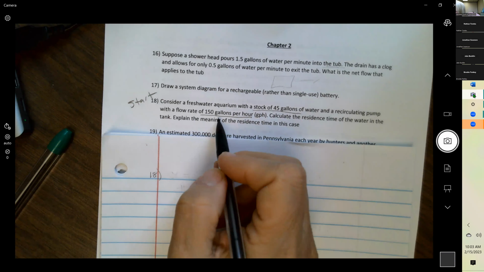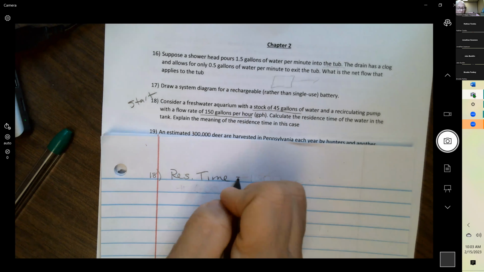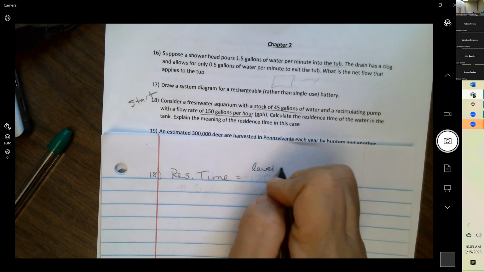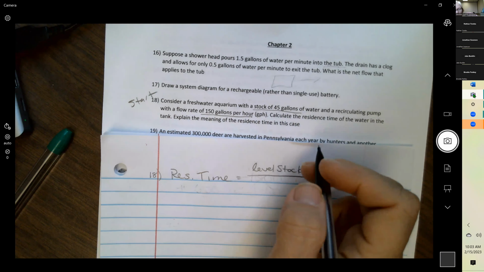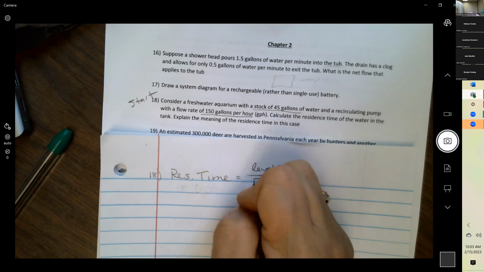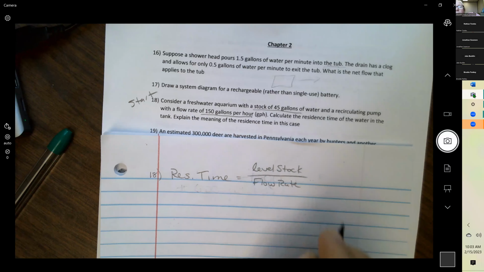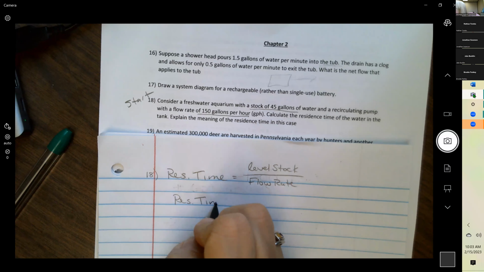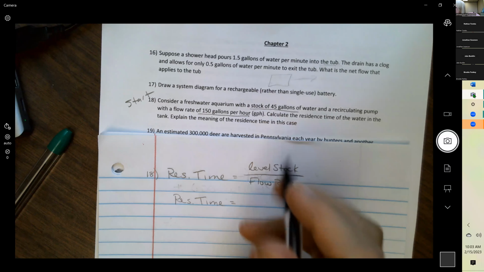So for this one, you want to remember that residence time is your level of stock divided by the flow through the system, or the flow rate. Our level of stock, it said, was 45 gallons.